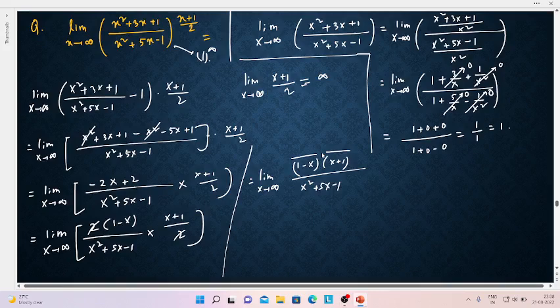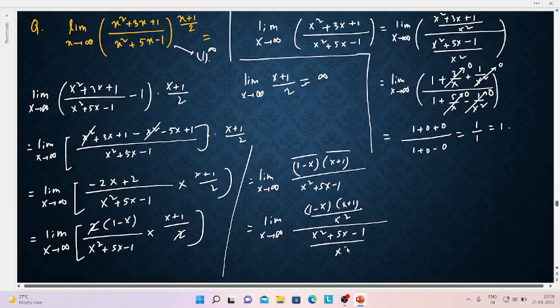So we have to divide the numerator and denominator by x².